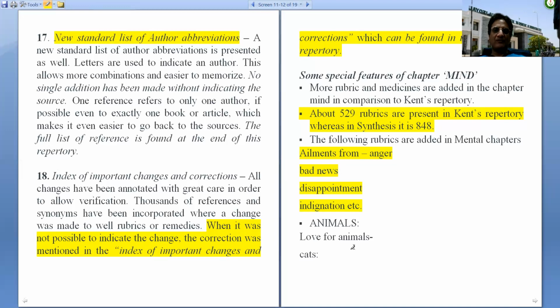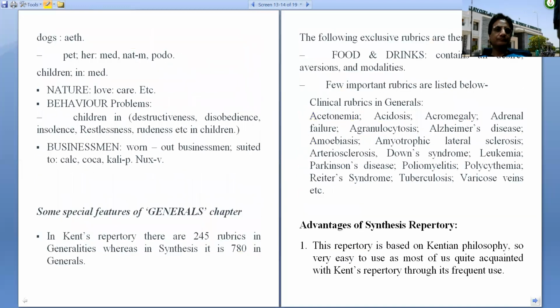Then love for animals, like cats, dogs. Love of animals, dogs, it is Ixodes. For pet dogs, it is Medorrhinum, Natrum muriaticum, and Podophyllum. Love of animals, children in, it is Medorrhinum.